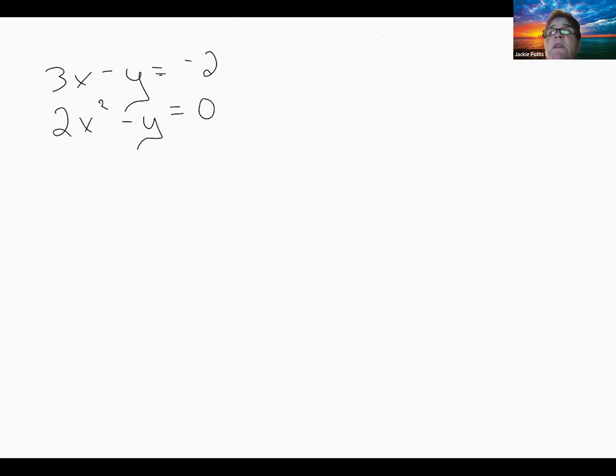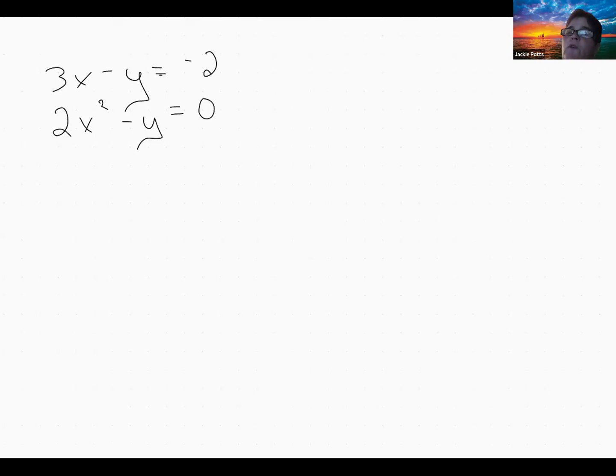So they should cross potentially in 2 places. We can do this with substitution, or we can do this with elimination. Personally, at this point, looking at that minus y and minus y, I'm going to do mine with a substitution. I'd rather substitute that linear into the quadratic.